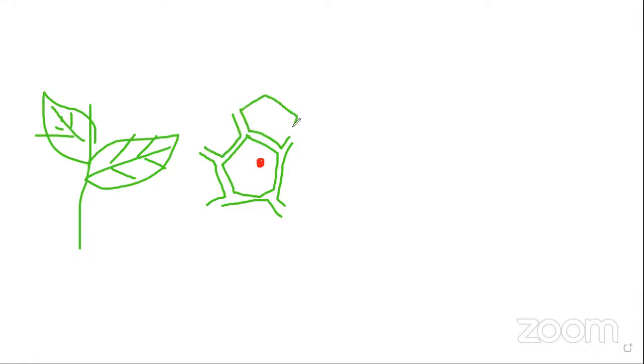Take an example: this is a cell, this is another cell, and this is also a cell structure. This is the nucleus. This is a plant cell. Normally, from this cell, how is the tissue culture technique used? What is tissue culture?